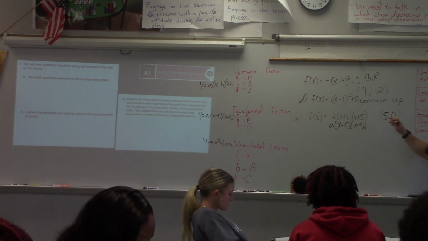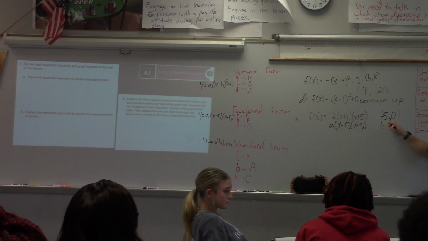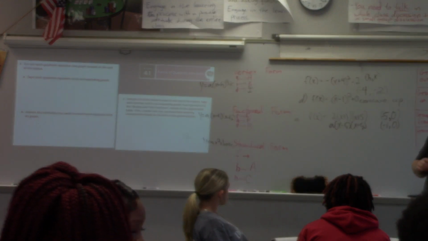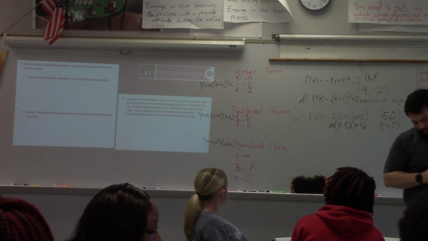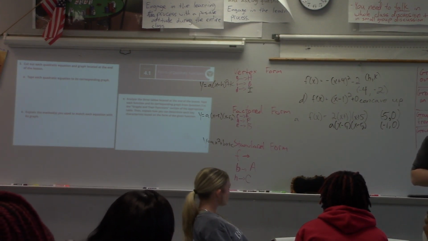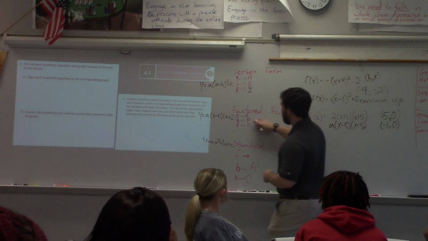So we needed a negative 5, 0 and a negative 1, 0, meaning I believe that pairs equation A with graph B. It sounds like we might need to flip those. So B and F here.